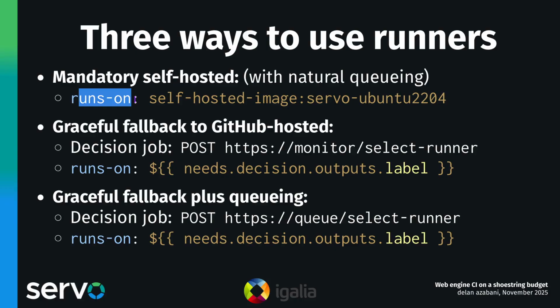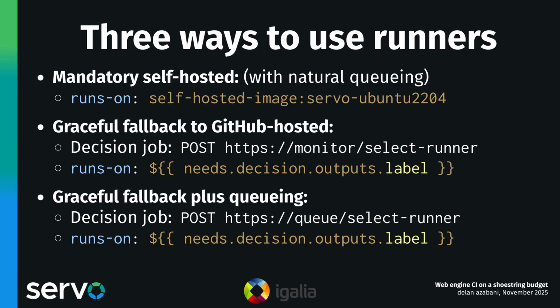And you can use labels for GitHub hosted runners, or you can define arbitrary labels for your own runners and select those instead. But you have to choose one or the other in advance. And if you do that, you can't have any kind of fallback, which was a bit of a drawback for us, especially early on.